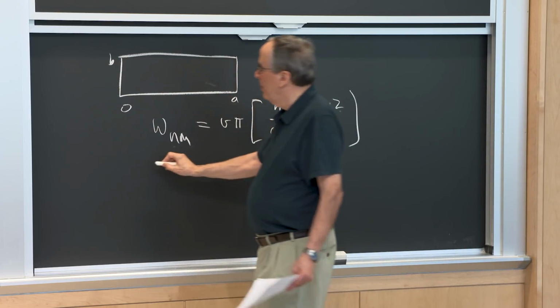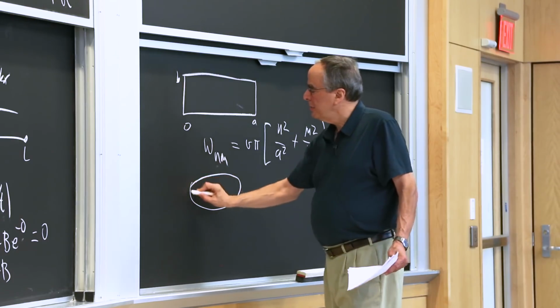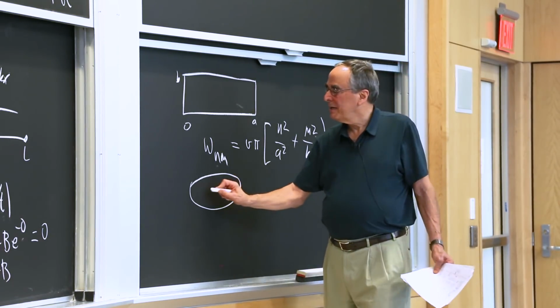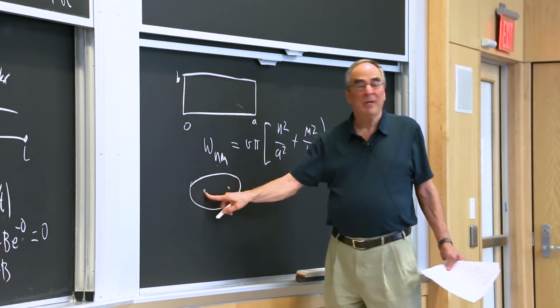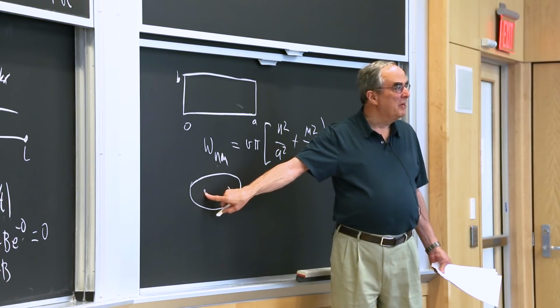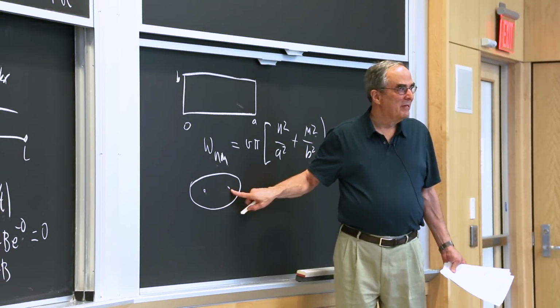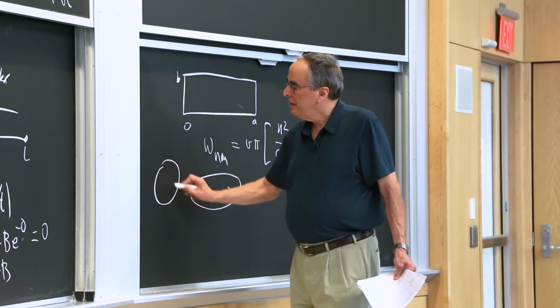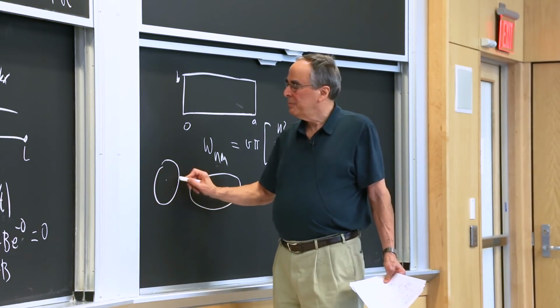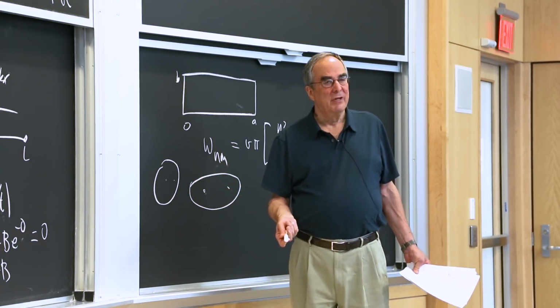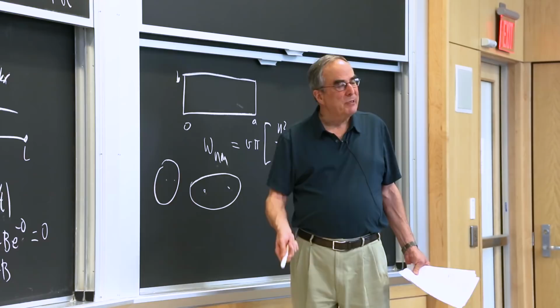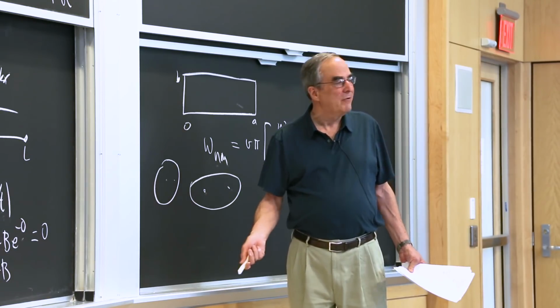For example, suppose you had an elliptical drum. That'll sound terrible too, but here are the two foci. I'm not so sure it'll sound terrible if you hit it here or here. And certainly if you have a circular drum, if you hit it in the middle as opposed to on the edges, it'll sound different. The spectral content will be the same, but the amplitudes of each component will be different.